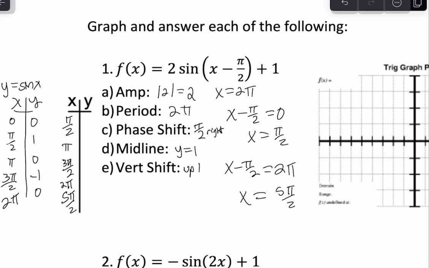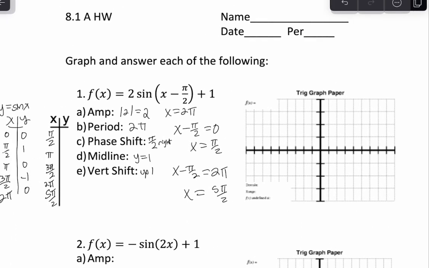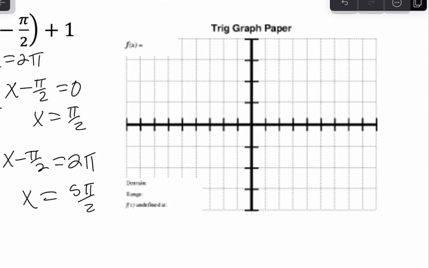The first thing we're going to put on our graph paper are the x values that fit. So let's put on pi over 2's. I got to get to 5 of them. So if I go 1, 2, 3, 4, not enough. Okay, so let's just make this pi over 2, pi, 3 pi over 2, 2 pi, 5 pi over 2, and you get the drift.